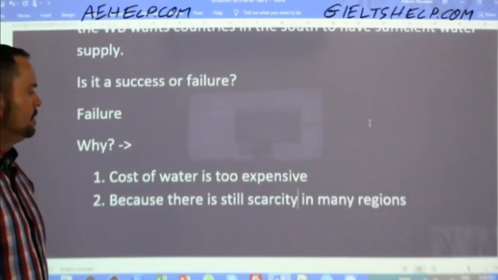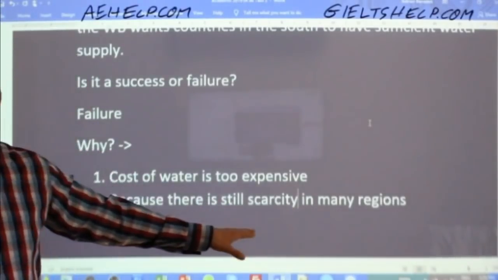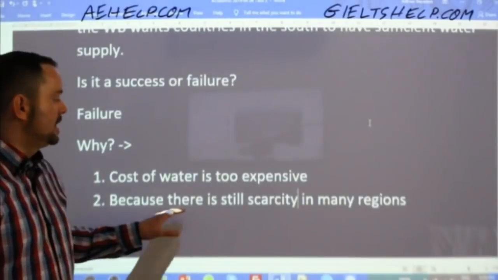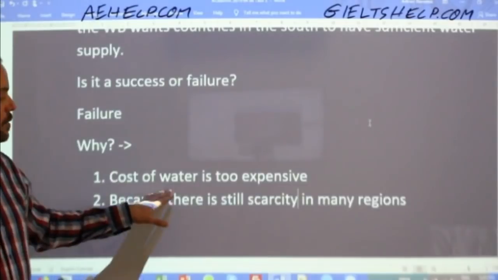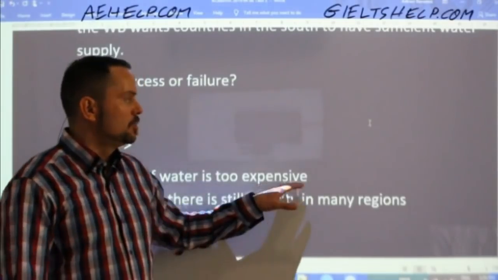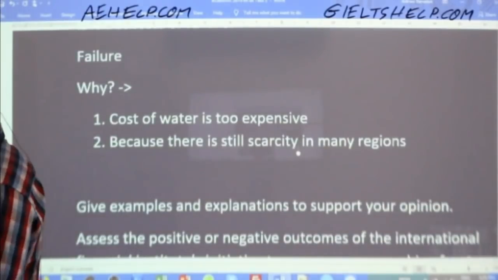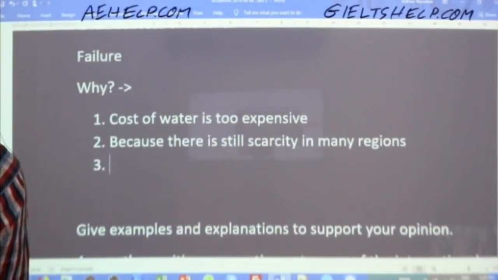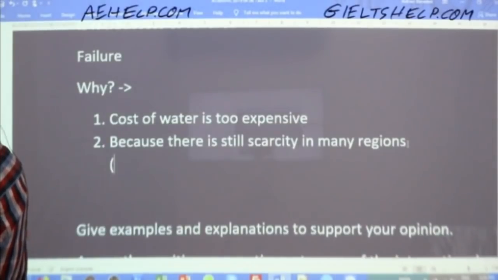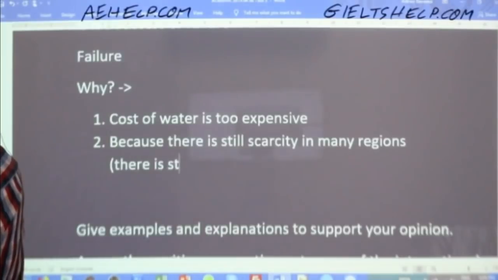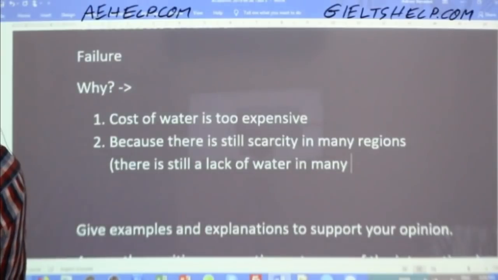I would probably go with scarcity first. Okay, so I would go with because there is still scarcity in many regions first, and then I would talk about and it's more expensive. Why? Because if I think about it, so think about the logic. So this is my argument. We could argue this. I'm not perfect, so I could be wrong, but I would say there is still a lack of water in many regions.